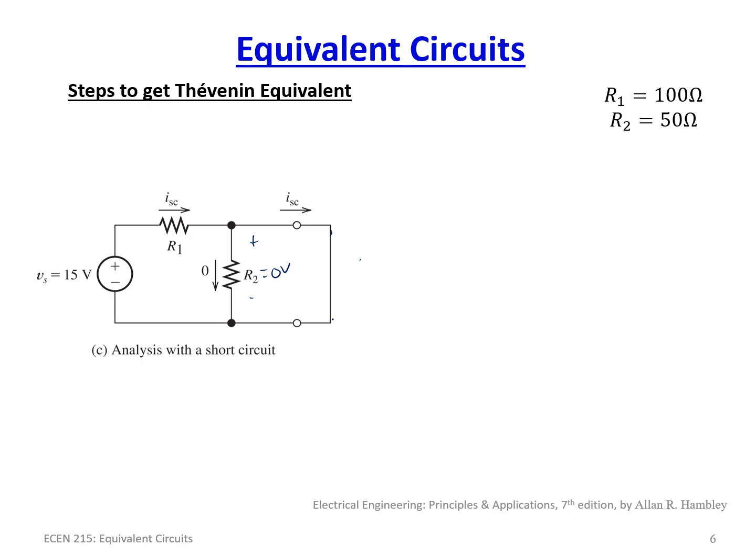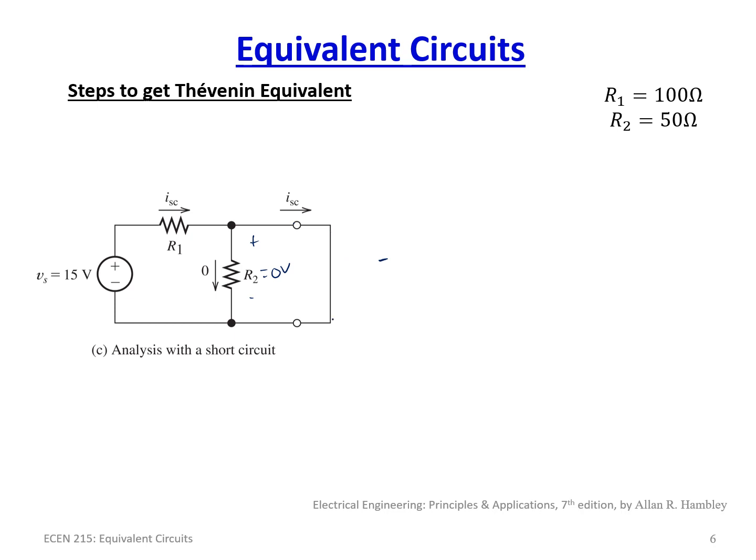mathematically. You could still use Ohm's law, put a 0 ohm resistor in here, and then solve, R2 being 50 ohms with a 0 ohm resistor in parallel. Well, 0 times 50 is 0, divided by 0 plus 50, and of course you end up with 0.